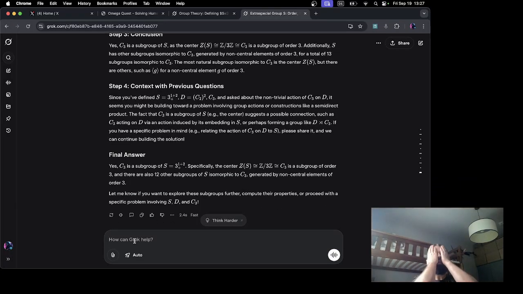So you see, what I'm doing is context engineering, right? I'm trying to engineer a context into the conversation that actually makes it easy for the model to then solve the actual problem.